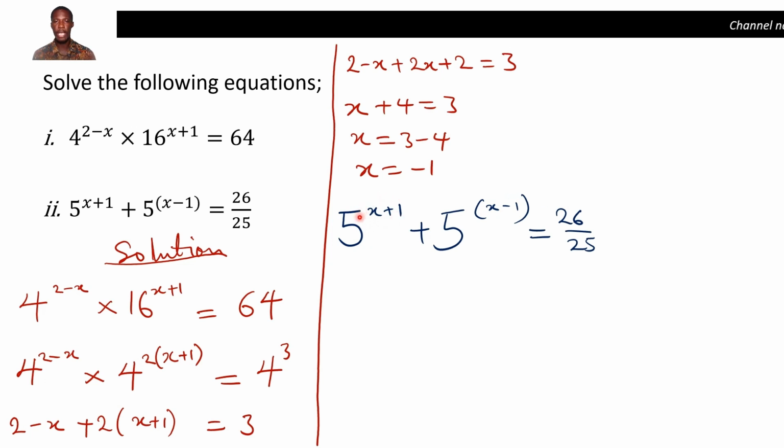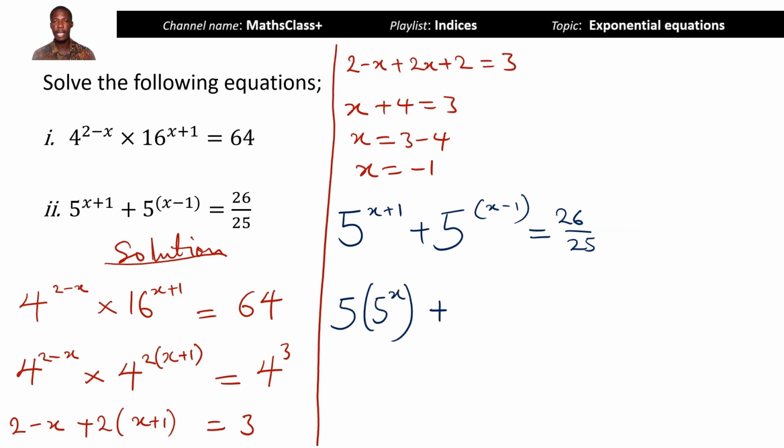Now, the exponent x plus 1 tells us that we multiplied two numbers of the same base and then we summed their exponents. So this one gives us 5 to the power 1 multiplying 5 to the power x.